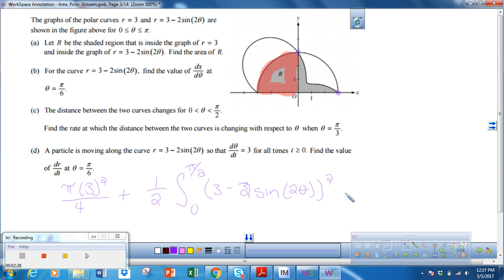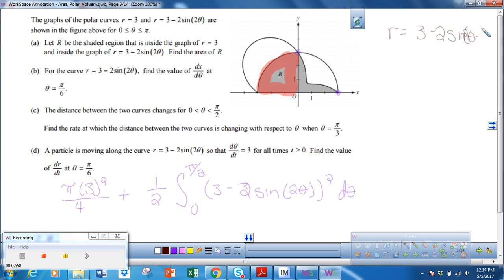Now, one of the suggestions that I would make for you, because this was a calculator active question, is that you would put your calculator in polar mode and make sure it's in radian mode, especially you who take physics. So put your calculator in polar mode and radian mode, and then put in your calculator r is equal to 3 minus 2 sine 2 theta.